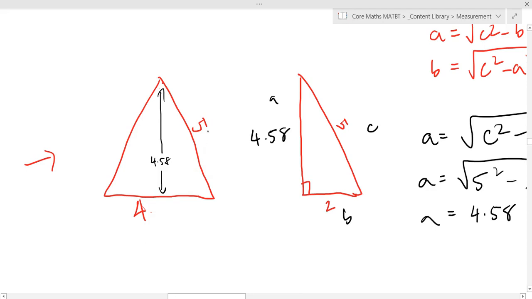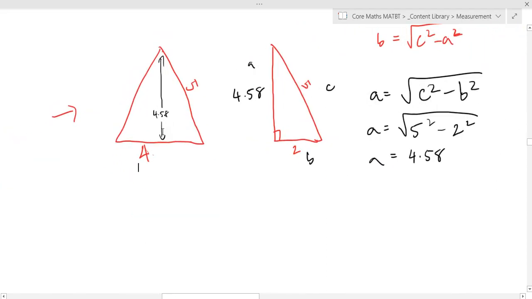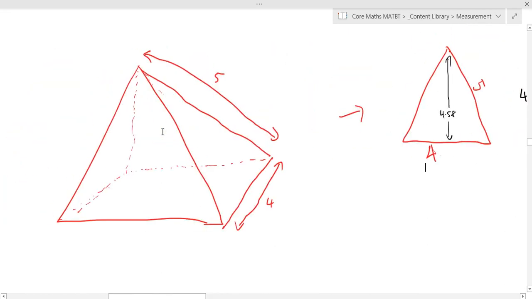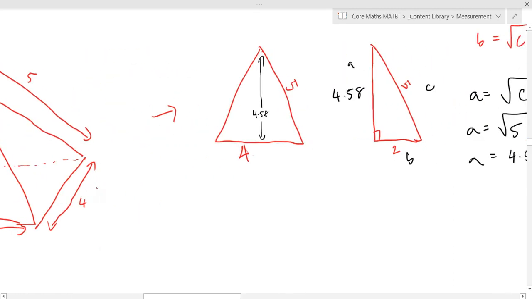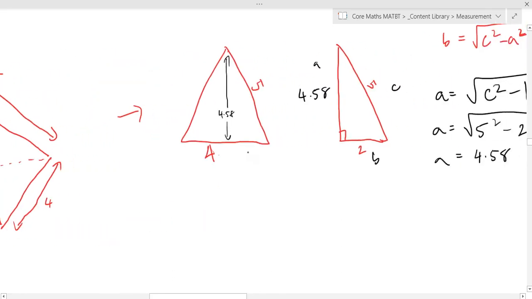I can now find the area of the triangles. Keeping in mind as well, because there's 4 of them, I should make this also 4, sorry. This is also 4. So these are the square-based pyramids. So that's 4. Now I can find the area of it.